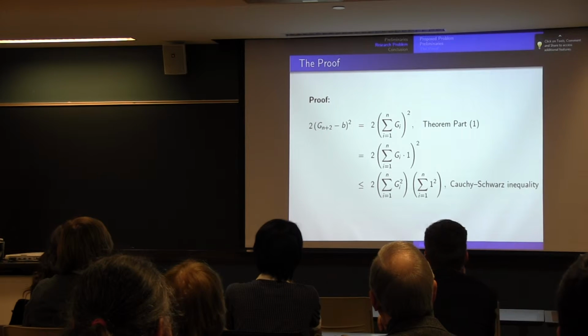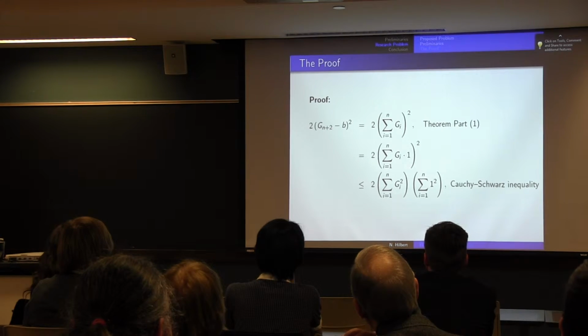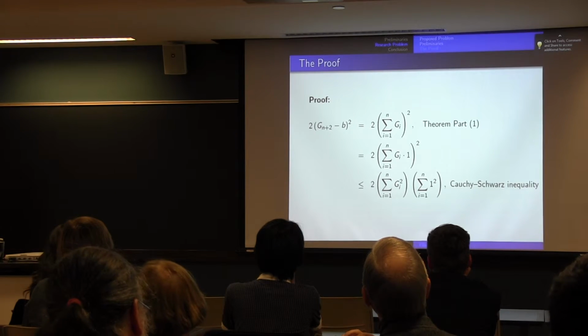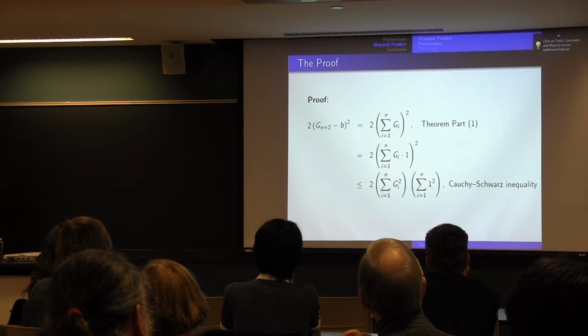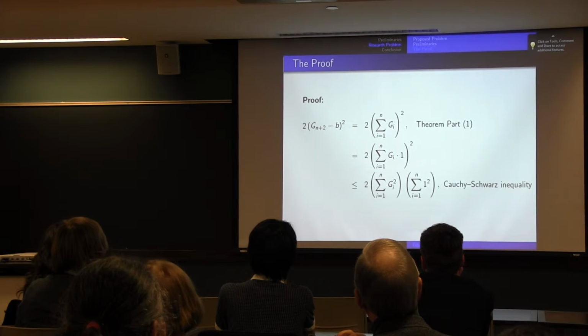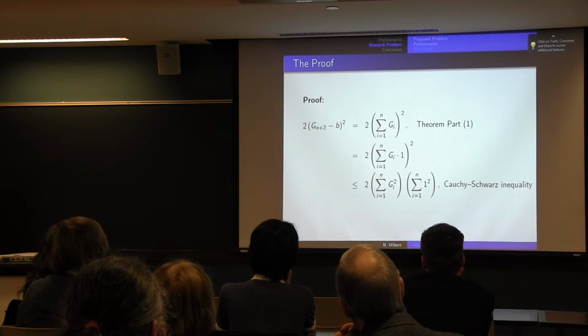Then we can use the Cauchy-Schwarz inequality. So we substitute in, and we can say 2 times the quantity of the summation of i equals 1 to n of g sub i squared times the summation of i equals 1 to n of 1 squared. And we know that's less than or equal to what we started with because of the Cauchy-Schwarz inequality.